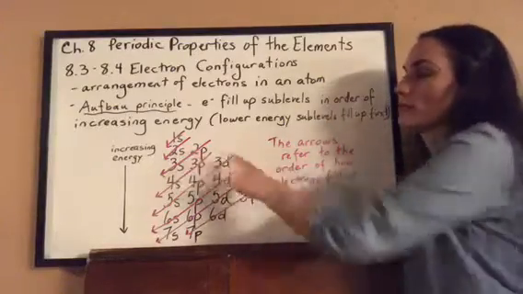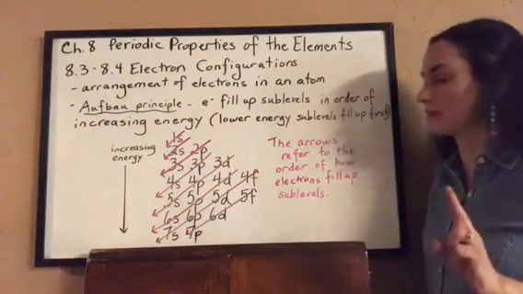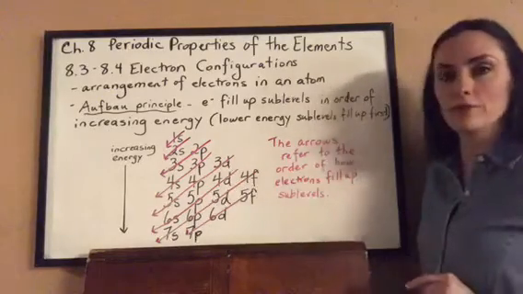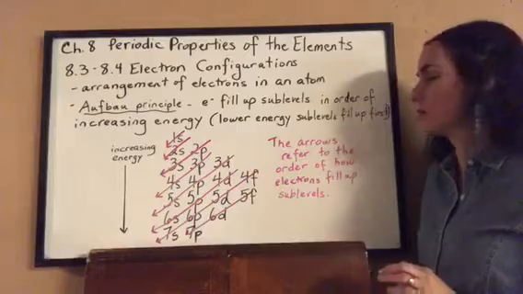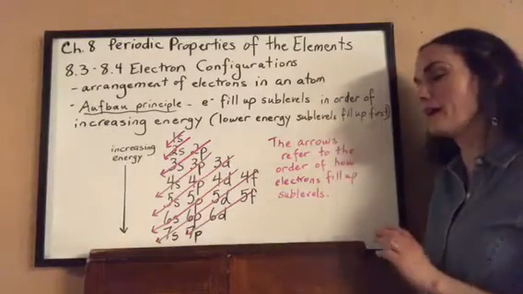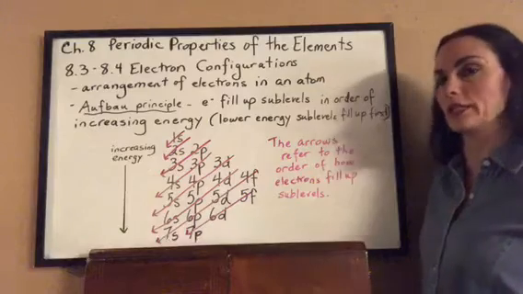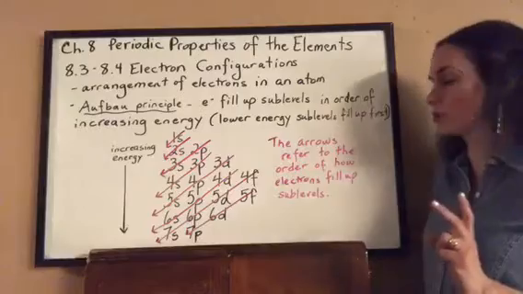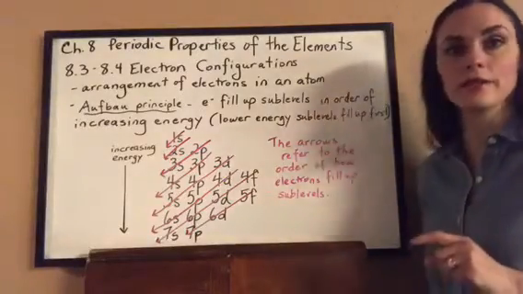An s sublevel only maxes out with 2 electrons because it has 1 orbital. A p sublevel maxes out with 6 electrons. A d sublevel maxes out with 10 electrons, and an f sublevel maxes out with 14 electrons. That's due to the number of orbitals and the fact that at most 2 electrons can fill up an individual orbital.